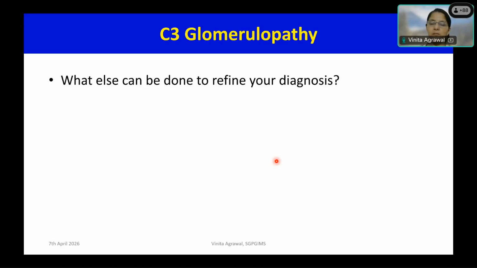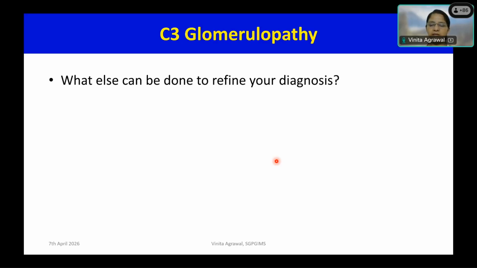Anybody? Electron microscopy. Very good. Now electron microscopy comes in. How will electron microscopy help you? There will be subendothelial deposits. Right. But why do you want to do electron microscopy? If you think that there will be subendothelial deposits, you may not do electron microscopy. Apart from subendothelial deposits, what are the other types of deposits that can be seen?